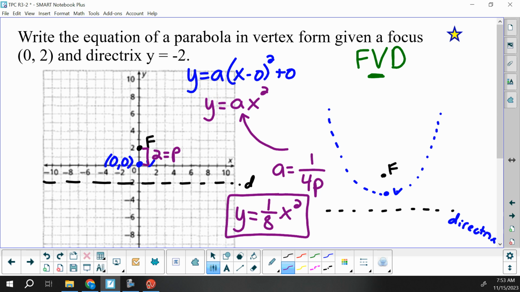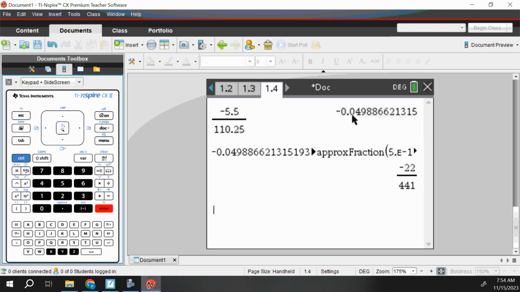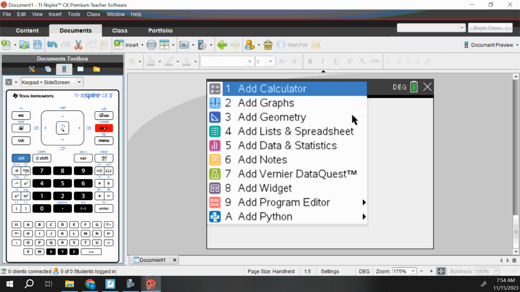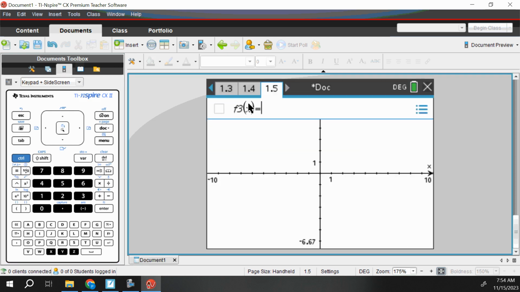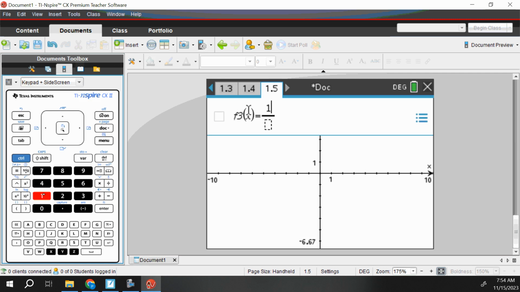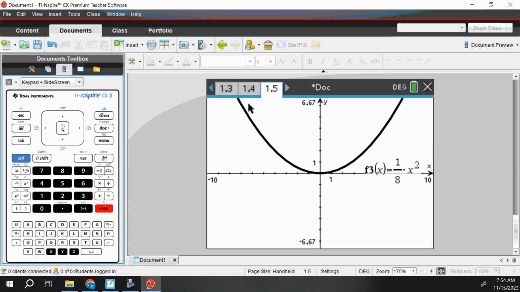Now these are really easy to check on the calculator. Let's go to a graphs page. Let's do a control doc and add a graphs page. We're going to put in our equation, 1/8 x squared, and hit enter. And if you know the equation, which we now think we do because of our answer, you can get the focus and the directrix on the calculator.